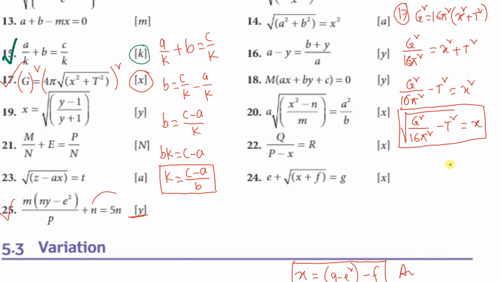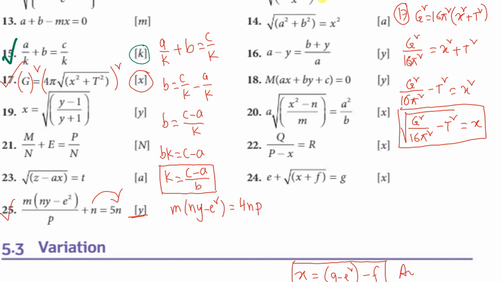So take n on the left side, then you can write the expression m into ny minus e square equals 4n, 5n minus n is 4n, 4np you can write, p goes to the right side, and 4n minus n is 2n, 5n minus n is, sorry, n.